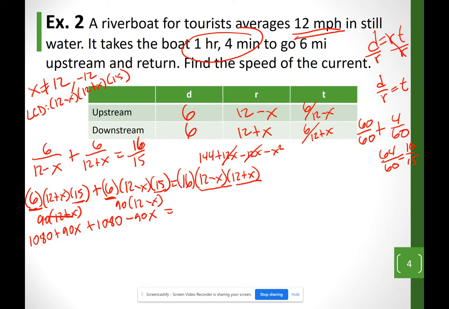The 12x's cancel out. So that gives me 144 minus x squared. Okay, now multiply this with the 16. 16 times 144 gives me 2304 minus 16x squared.